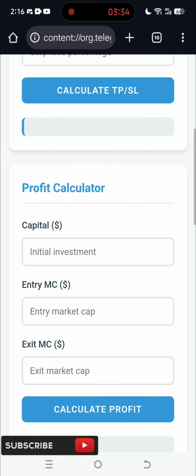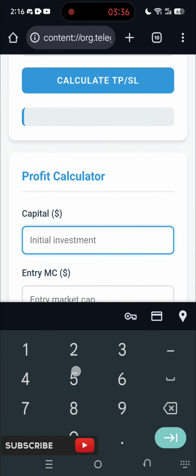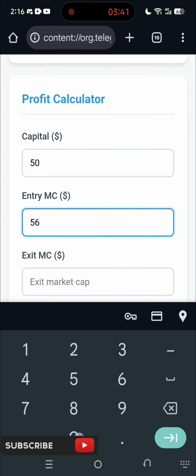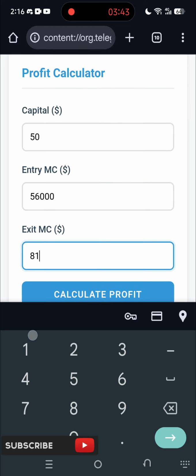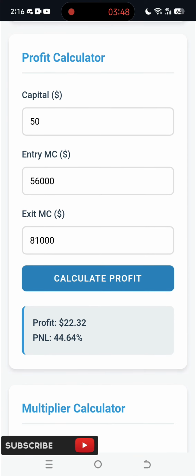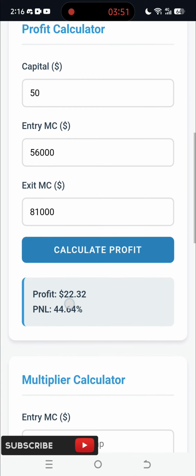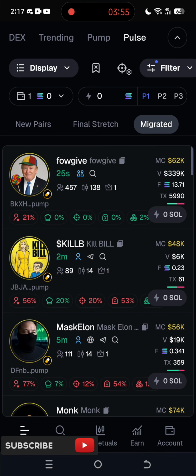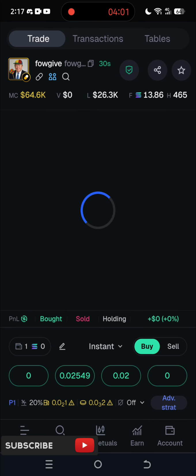So if we are trading with $50, entry 56,000, exit 81,000, that will give us $22 in profit.